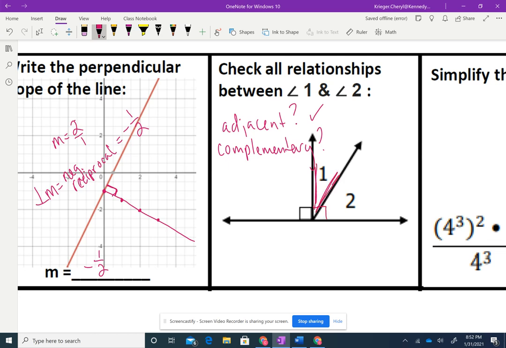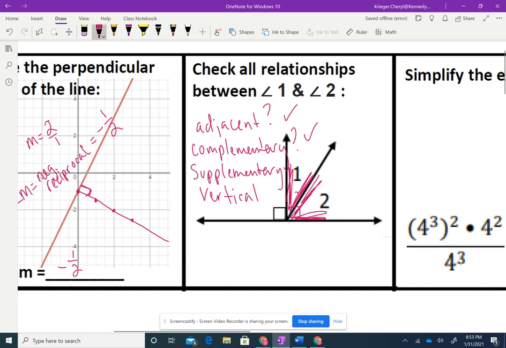Hopefully you can see that. Right, we have two acute pieces that put together make 90 degrees. Yes. Are they supplementary? Put together, do they make a straight line? No. Are they vertical? Are they the same and across from each other? No.